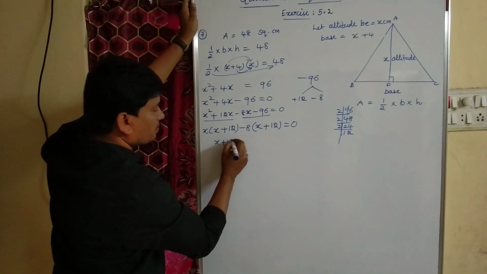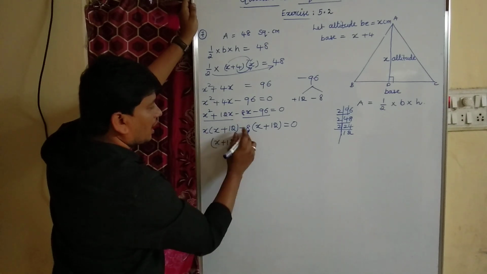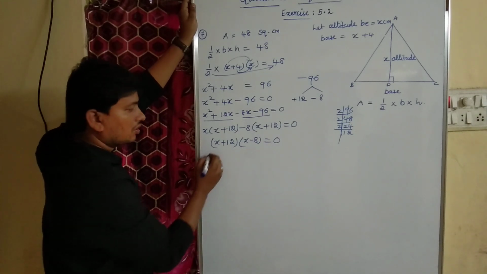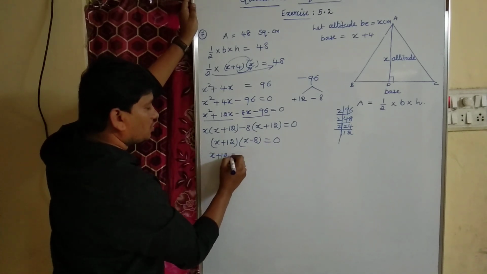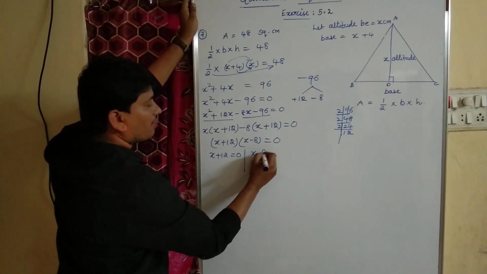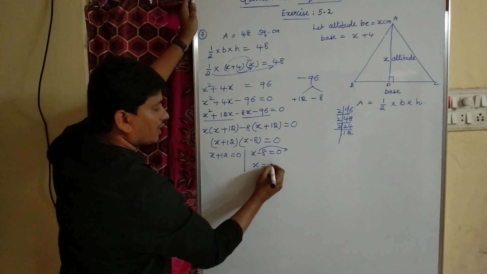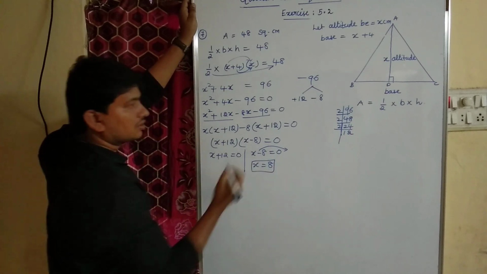Now I can take x plus 12 as common, I will get x minus 8 equal to 0. One time x plus 12 equal to 0 and the second time x minus 8 equal to 0. Minus 8 you transpose, you will get plus 8.